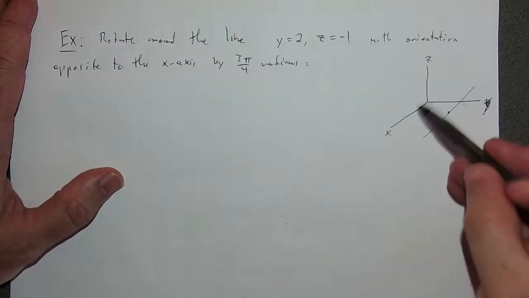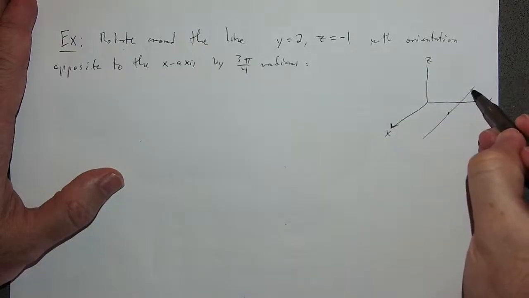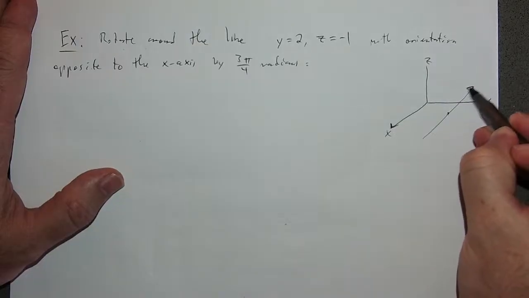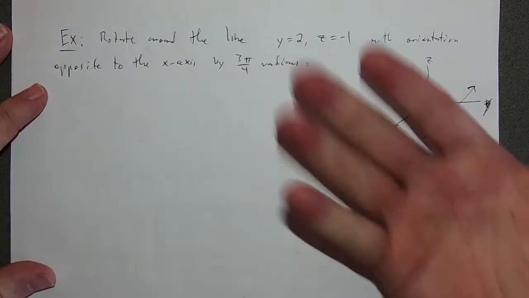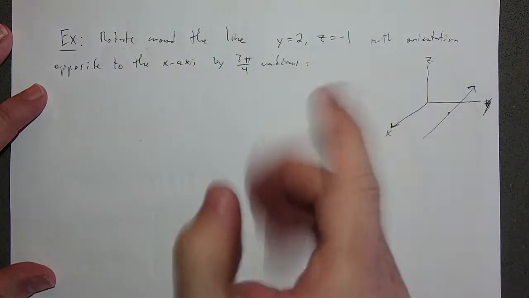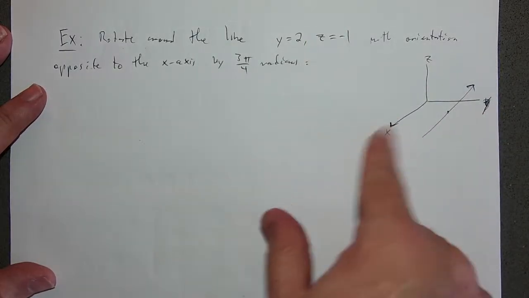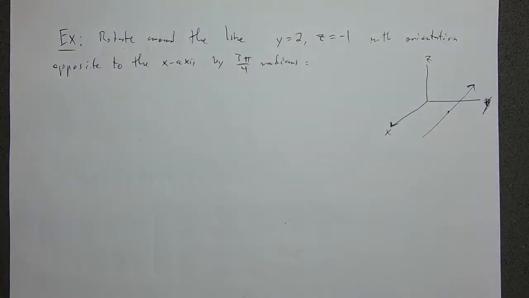And I am taking this orientation. Here's the positive x-axis, so oriented like this. The orientation of the line I'm taking is actually going into the page. And so I am doing my rotation as if using the right-hand rule, pointing in this direction, so that I am rotating in the opposite direction from what I would be rotating if I used the positive x-axis right-hand rule. So how does this go?